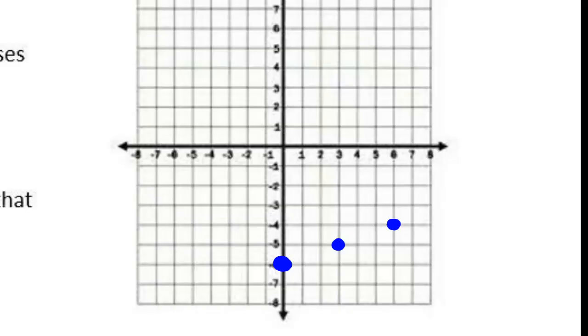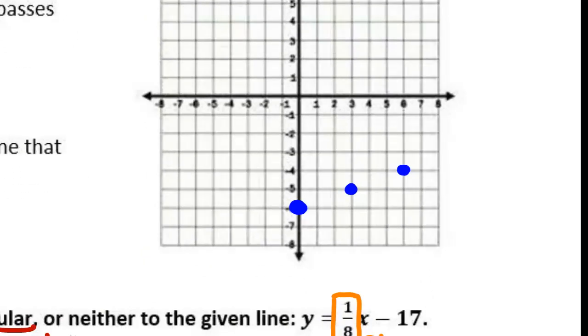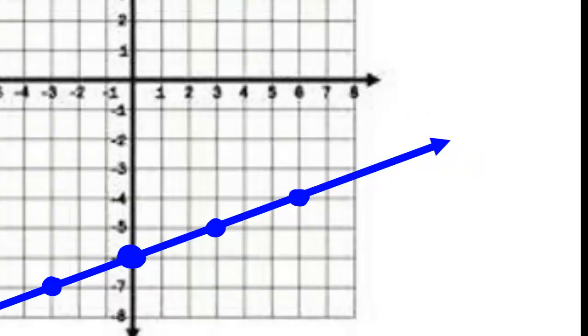I got to the edge of the graph, so we're going to back everything up. Down 1 and left 3, down 1 and left 3. Then I grab my straight edge, and I sketch a line through those points. All right, so that is my given line.